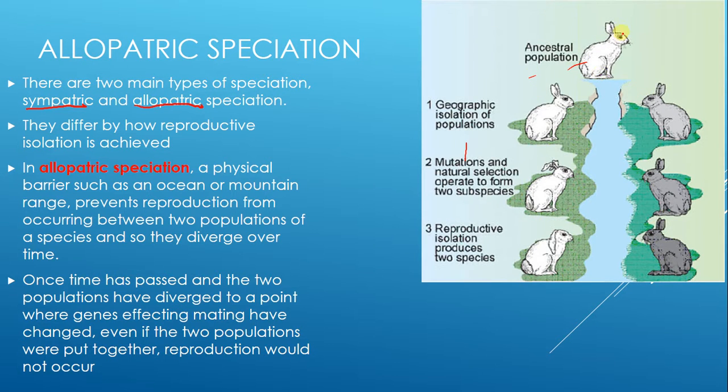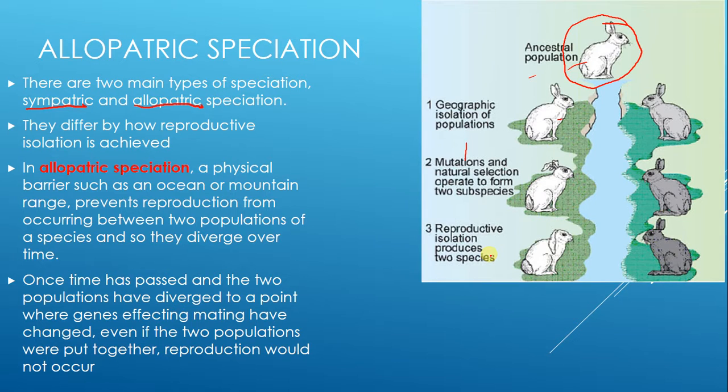For example, if we have an ancestral rabbit species that lives in this area, and over time this river forms and widens and geographically separates two populations of that species, any mutation that arises in either species from natural selection won't flow into the other species because they can't really cross this river to mate with each other.